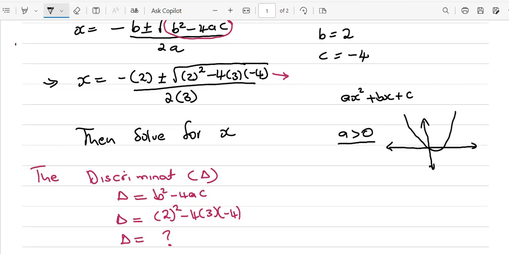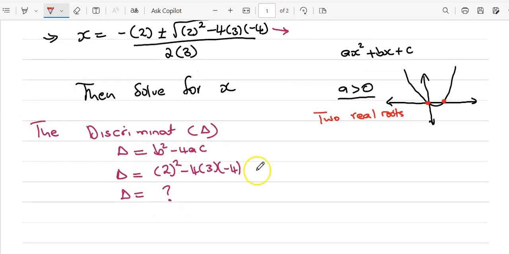If our graph is concave up, when we count the number of roots, let us quickly highlight that on the graph. We have 1, 2 roots. So we're going to say this has 2 real roots. That's the first case.